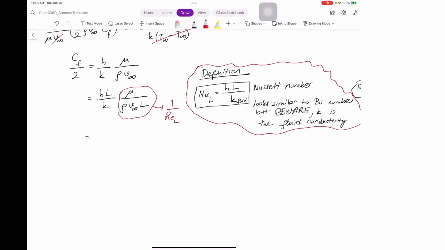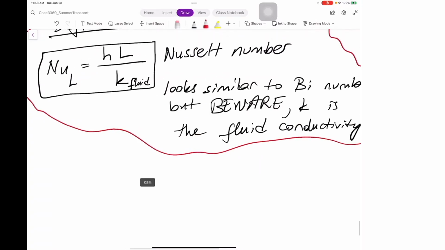So if we define this, it basically tells us the following.